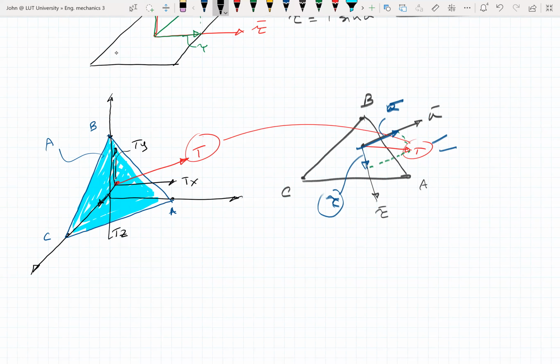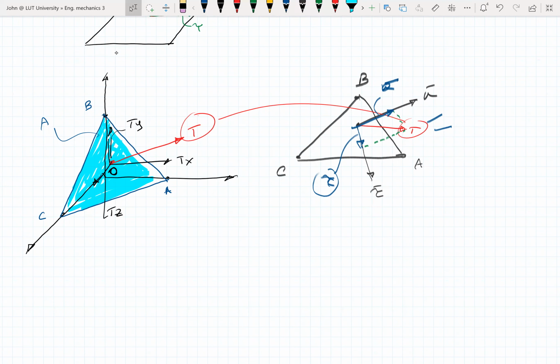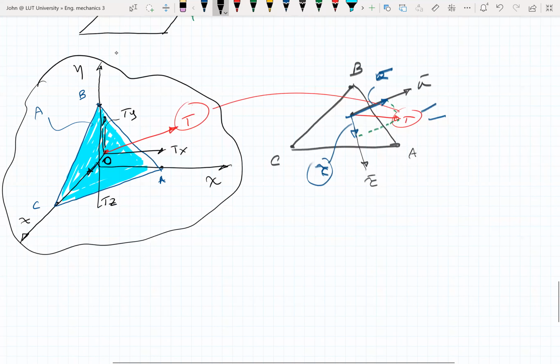For example, I'm going to call the origin of my coordinate system O. Then I will draw the stresses acting on the planes that are parallel to the Cartesian coordinate axes and the stresses on the inclined plane, and I will have something like this.